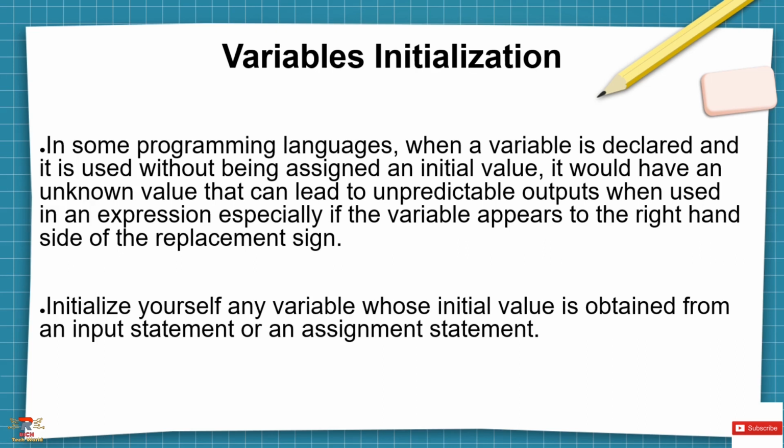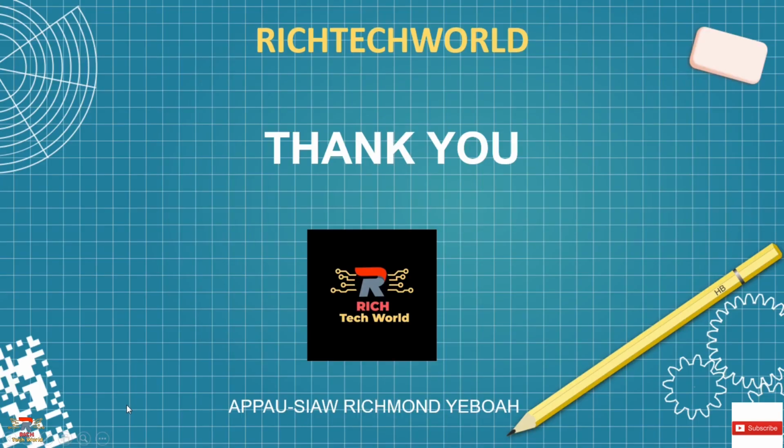So here we said in some programming languages, when a variable is declared and used without being assigned an initial value, it would have an unknown value that can lead to unpredictable outputs. Okay, so just as I was saying, you need to initialize your variable with data.